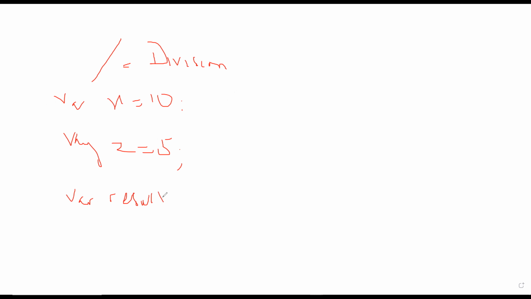Slash, which is division. So if I do variable x equal 10, variable z equal 5, and I do variable result equal x slash z.